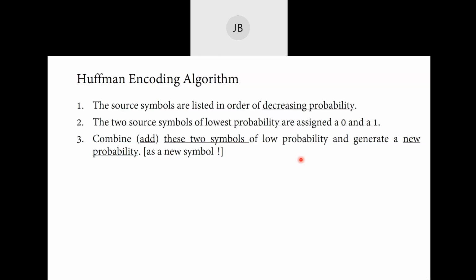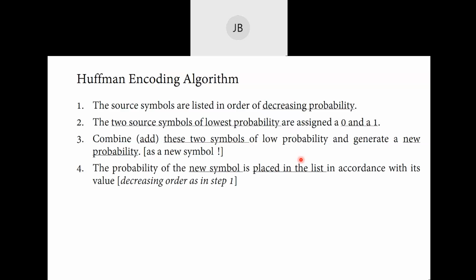In the fourth step, the new symbol or the new probability that is generated in the third step is placed in the list according to the decreasing order, as done in step 1.